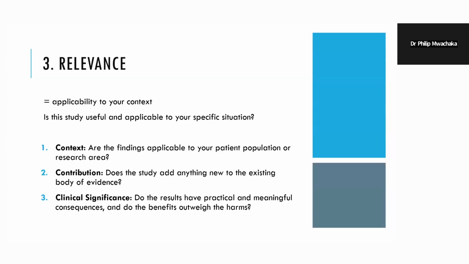You get reviewers saying that, well, this is a good study. We had very good study methods. They are reliable. Someone can replicate those methods, but there's nothing new you are adding to the existing body of evidence. So these are the things you need to look at when you're doing critical appraisal.